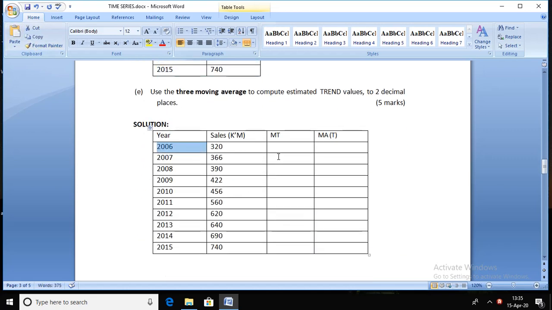Copy it down there. 3-point moving average means you are going to have 3 values that you add at each stage. So adding the first 3 values, 320, 366, and 390, put them together, and what you have there will be your moving total.